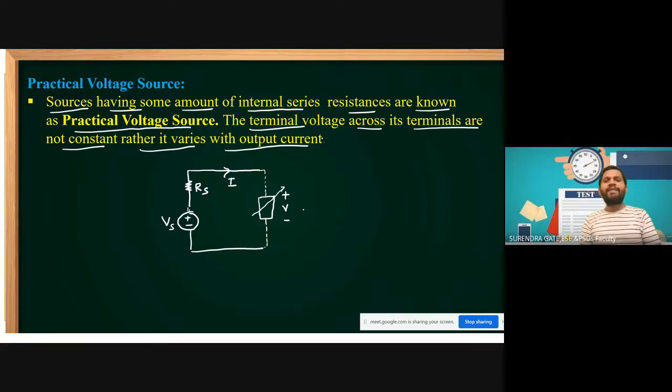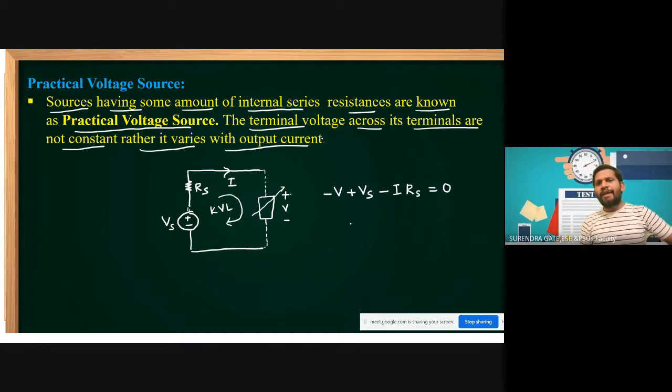Then we can apply KVL in this case. Moving from positive to negative, you take negative; then from negative to positive, you take plus Vs. The drop is taken as negative: minus I Rs is equal to 0.